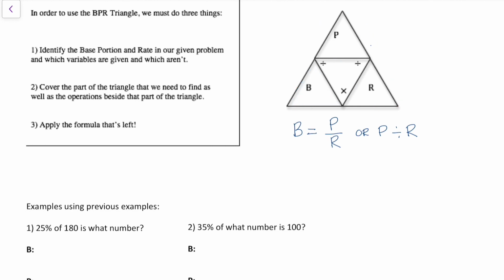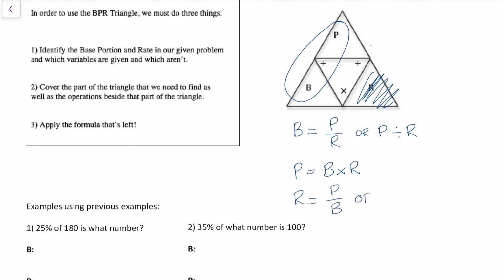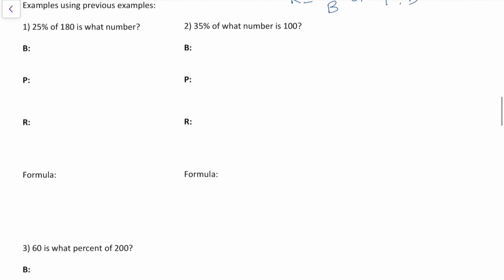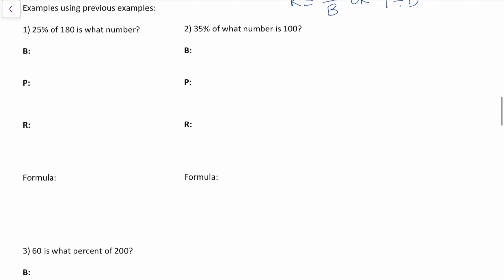If I am looking for my portion, then that leaves base times rate. And finally, if I'm looking for my rate, that tells me it's portion divided by base, or we can think of it as portion divided by base like this. So this triangle helps us remember the formulas of what we need to do with the numbers once we've identified them. So let's practice again with the examples we had above.